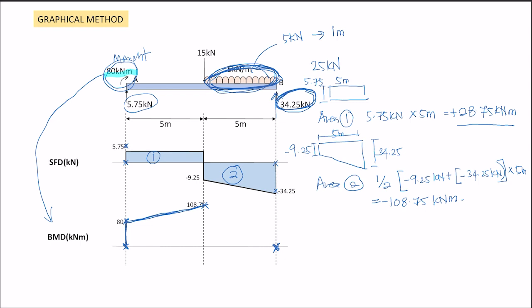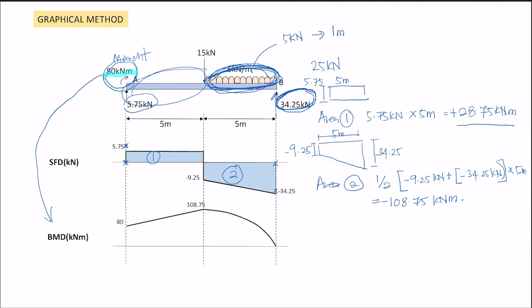So the line is not straight. Okay, you have to remember, when there is a UDL, the BMD will become a curve. It is not a straight line. If it is a straight line like this, on top there is no UDL. But if there is a UDL, it will not be a straight line.